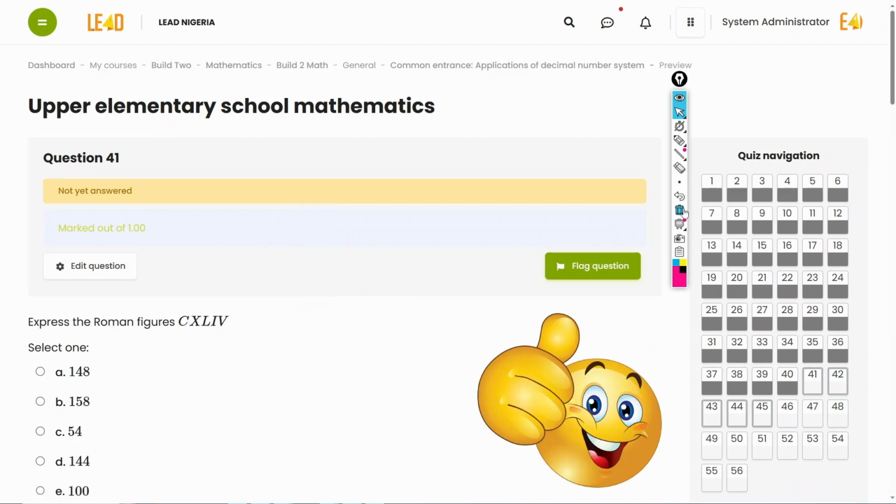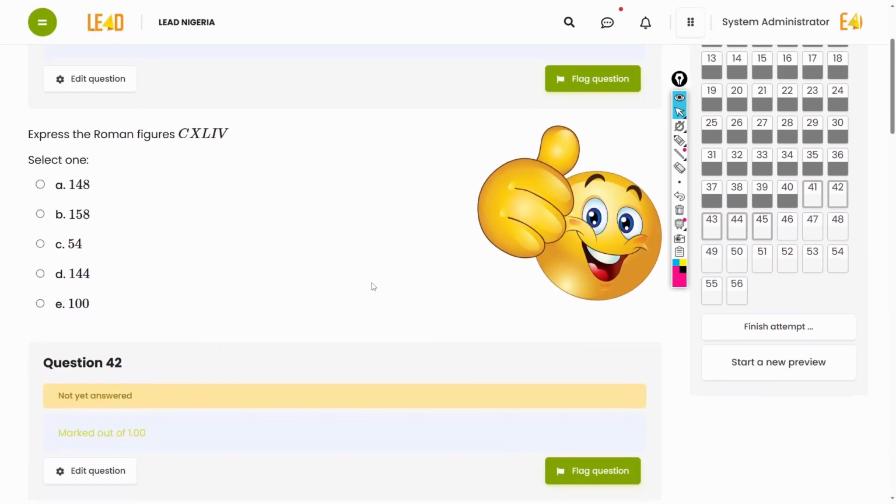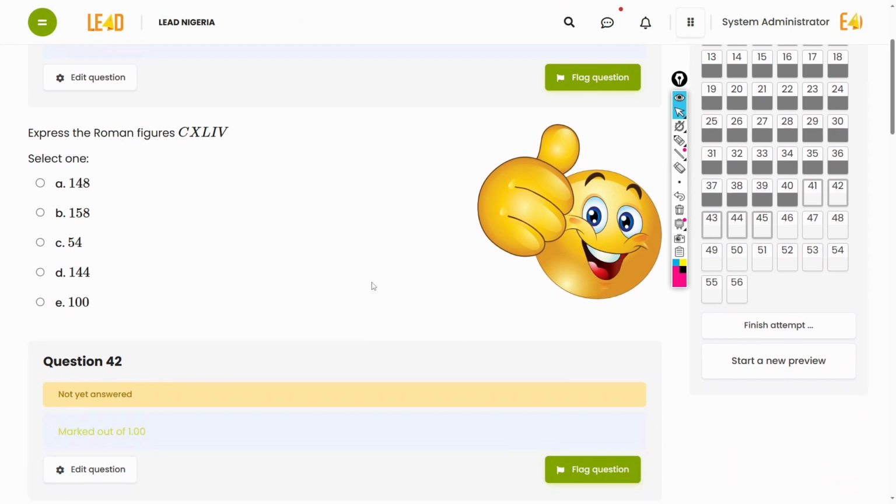Okay, number 41. Express the Roman figures CXLIV.